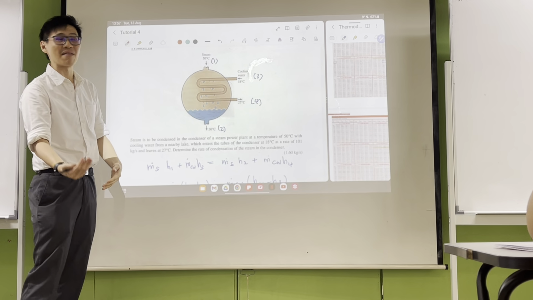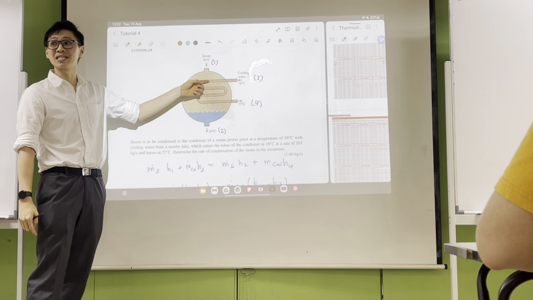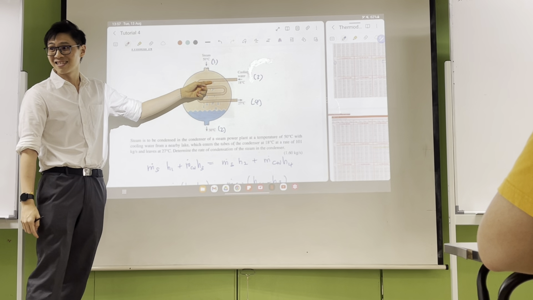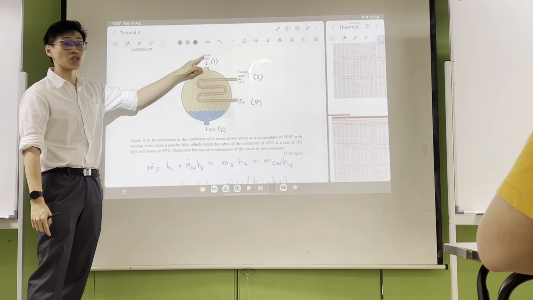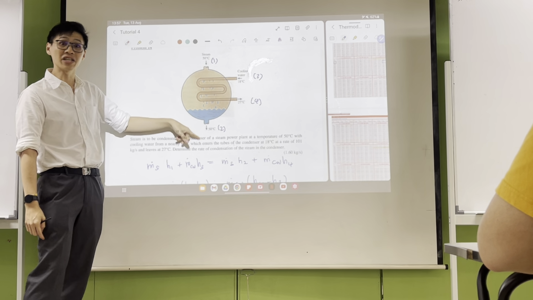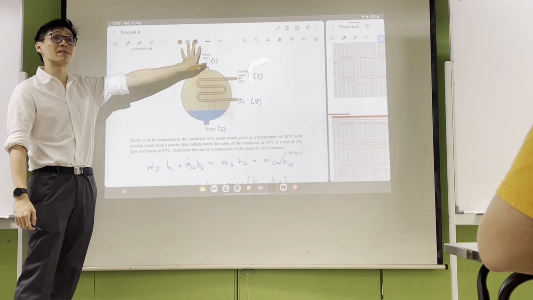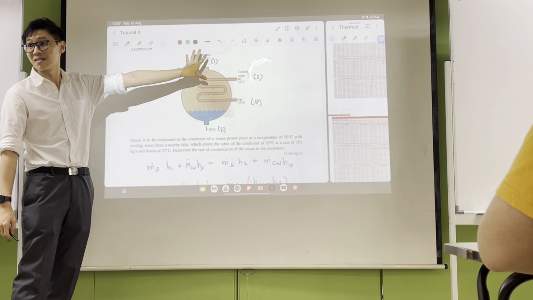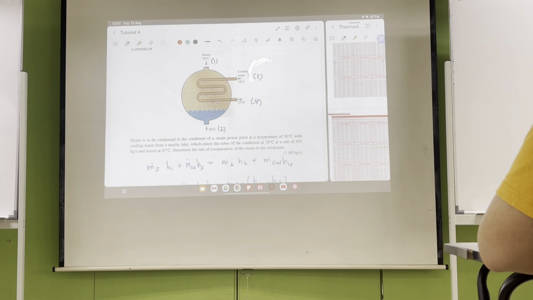So what I'm trying to say here is, it comes in as a saturated vapor, and then it comes out as saturated liquid, because temperature doesn't change. If temperature changes, then you cannot make that same assumption, because then the one that comes in can be superheated vapor. But if temperature doesn't change, it goes through a proper full condensation process without any temperature change.